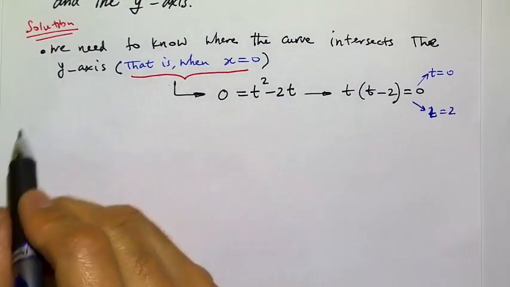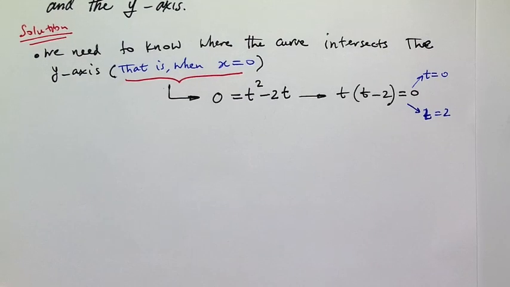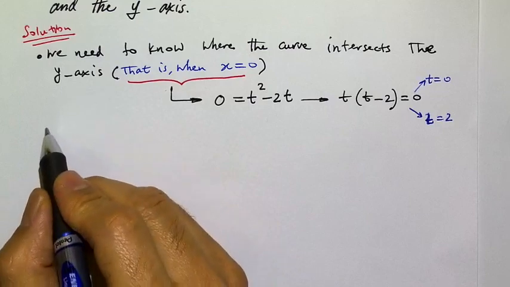So I will plot this because I think it's helpful. In this particular example, it's really helpful if we have a graph of this parametric equation drawn first.